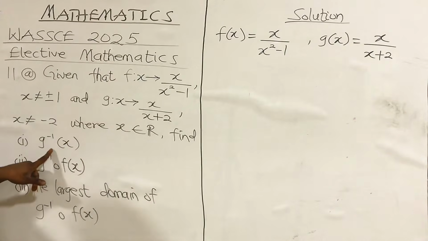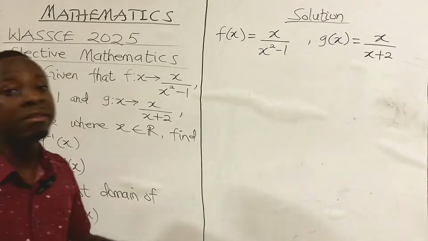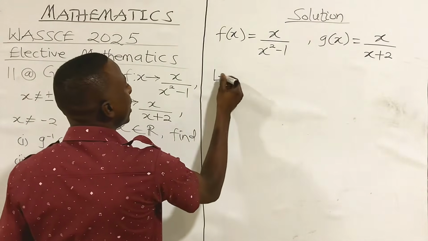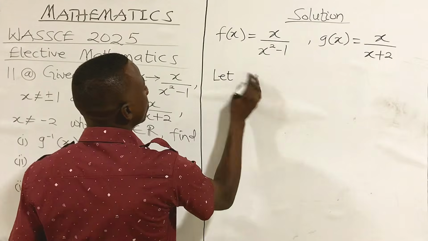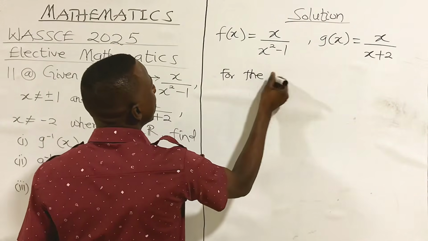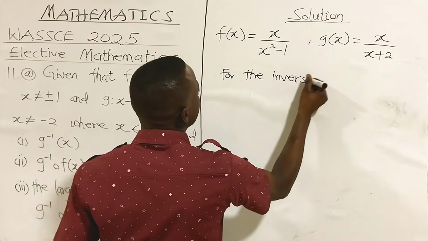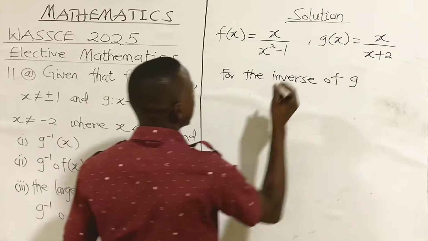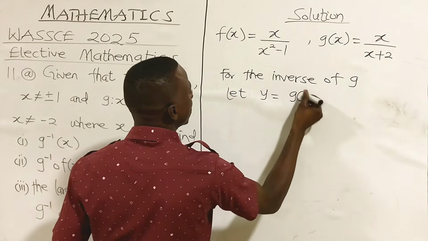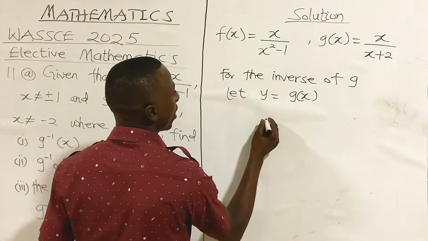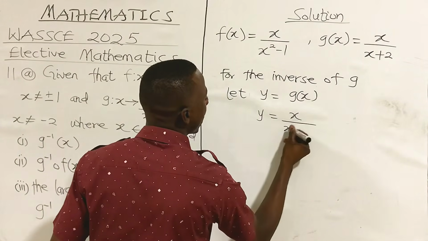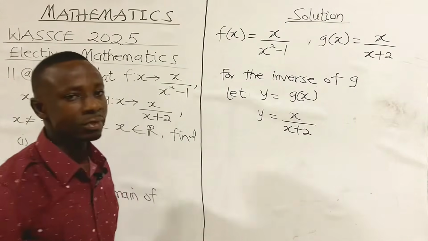Now the first question is to find the inverse of g. So for the inverse of g, let y be equal to g of x. So we have y is equal to x over x plus 2.